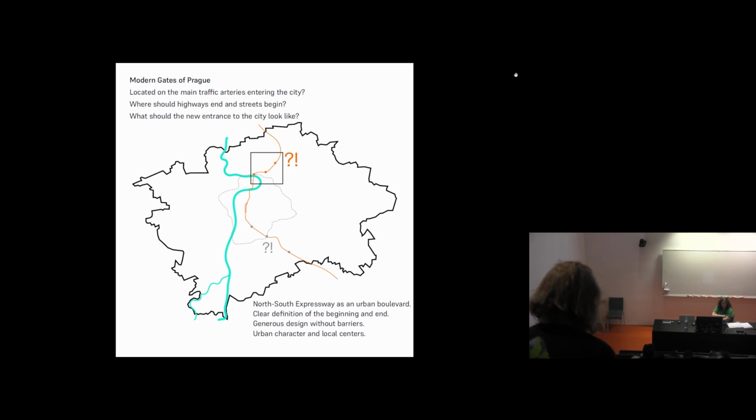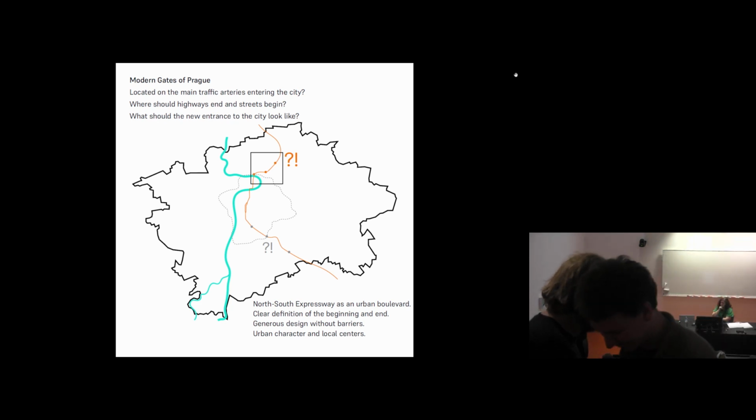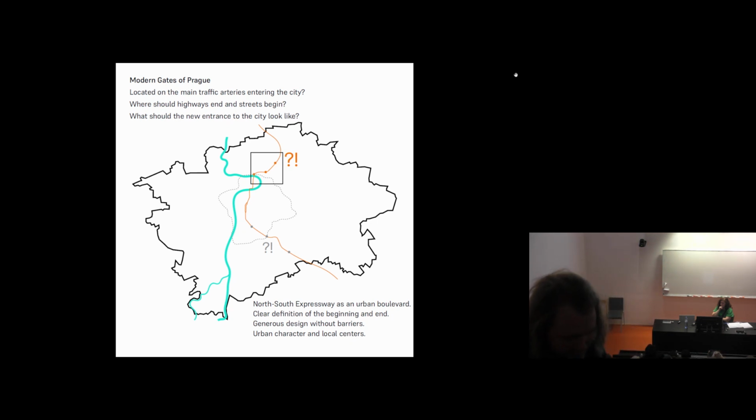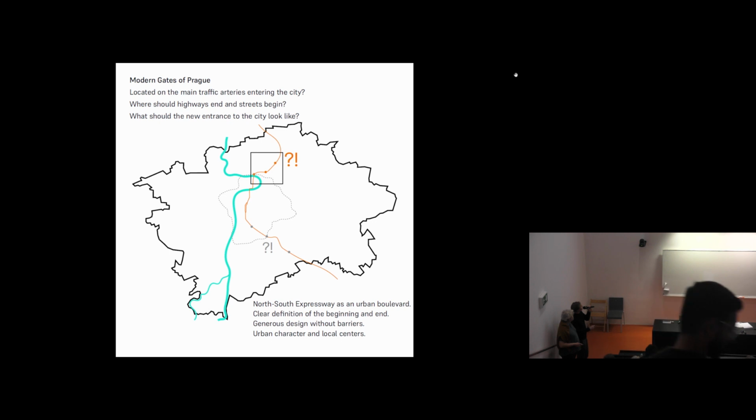how to solve the entrance to the city of this traffic artery, where the highway ends and the street begins, or if anywhere actually. What it should look like in the beginning and in the very center of Prague.